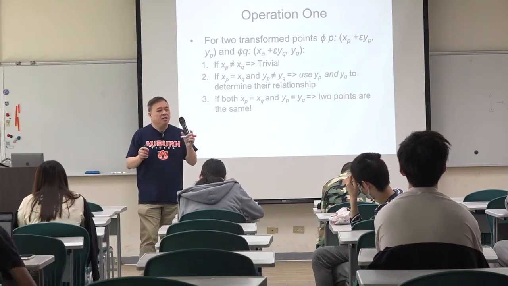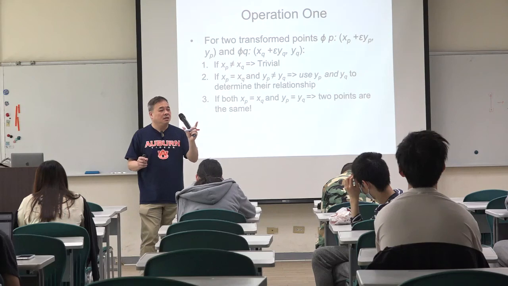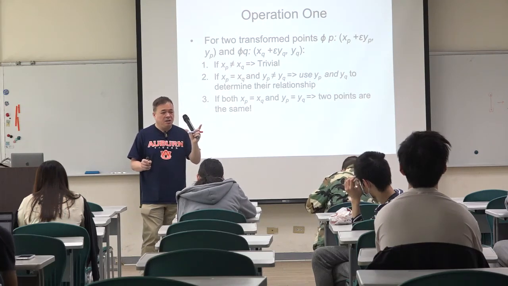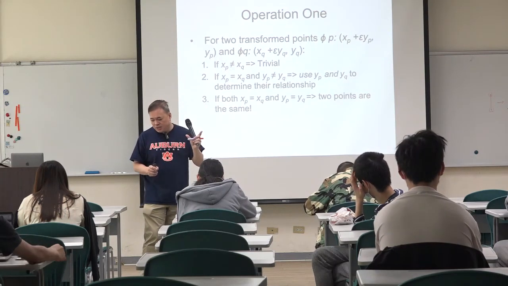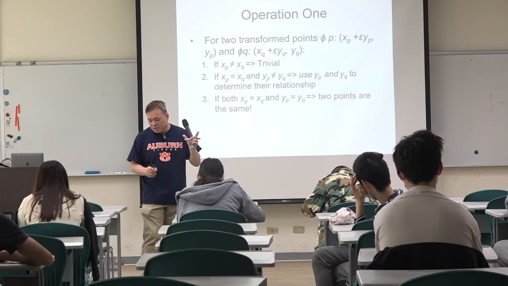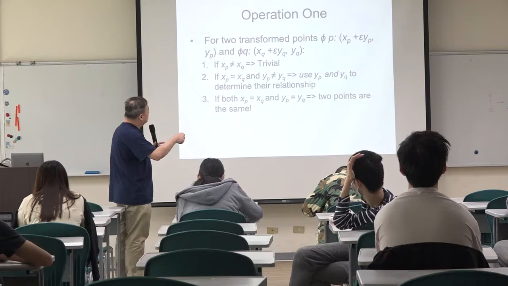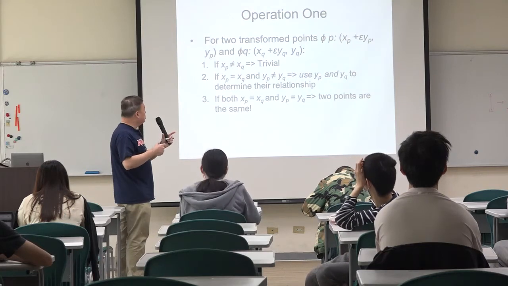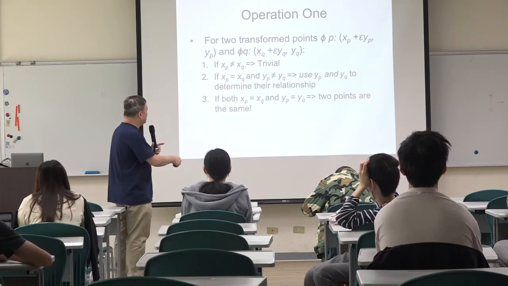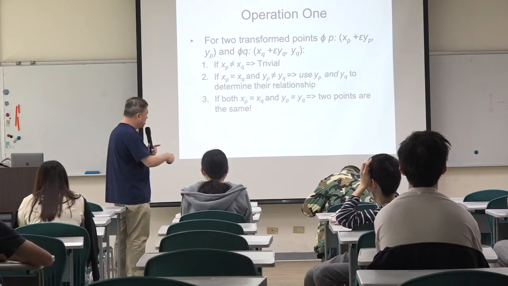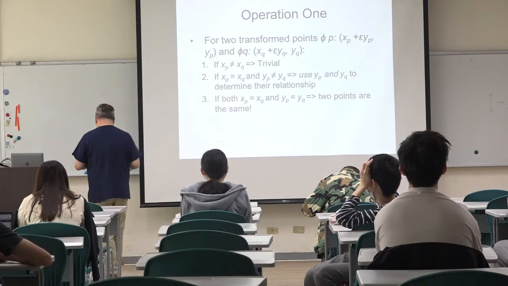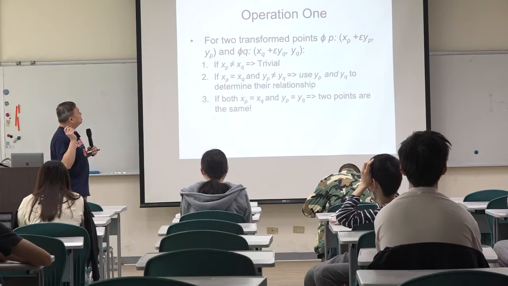If it's line segment endpoints, when you need to use this operation, you normally don't need to worry about this case where two points are the same. So this is for operation 1.